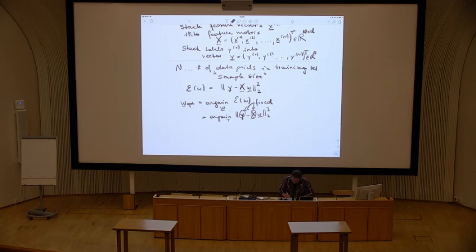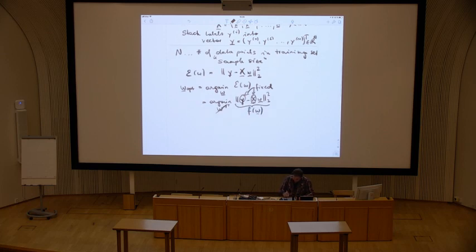Does anybody know how to solve such an optimization problem? Yes. So if we denote this objective function as f(w), then the optimum is characterized by the zero gradient condition.